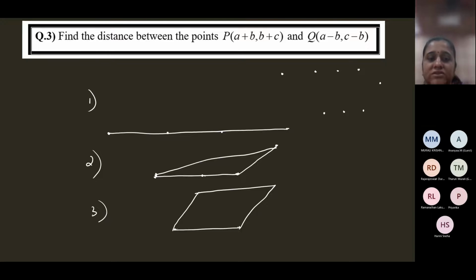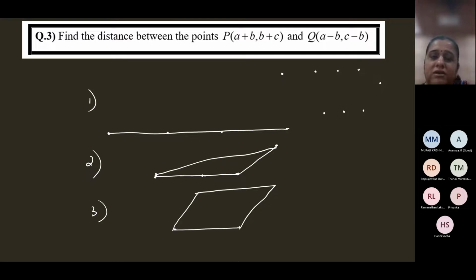Then in the next case, we moved 2 points away. When we joined the points in order, we were able to form a quadrilateral. The third case, when we moved 2 points away, we were able to form a quadrilateral.